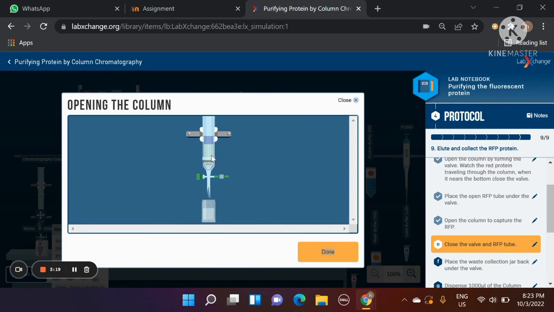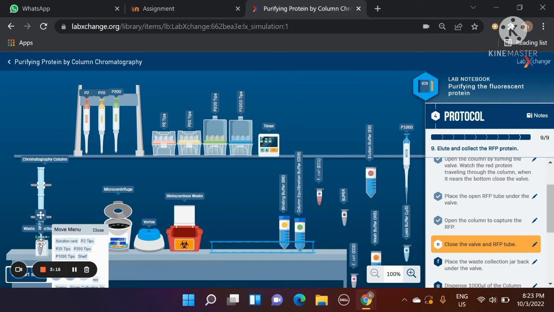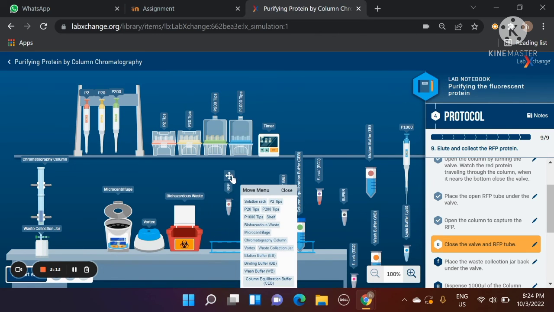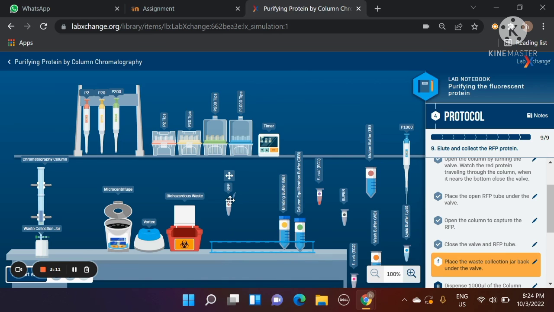Okay, and then we have to collect the RFP tube. Then we have to close the RFP tube. Then place the waste collection jar under the valve.